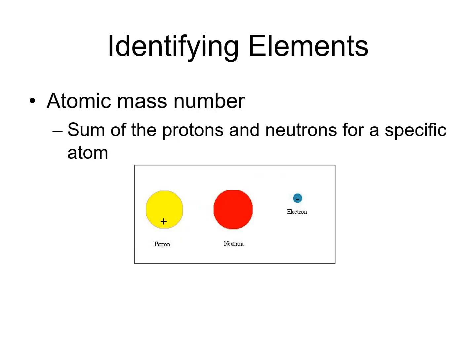I want to take a moment to discuss the atomic mass number, which is basically the weight of an individual atom. The atomic mass number is the sum of the protons and neutrons for a specific atom. And that is because the protons and neutrons are about the same size and weight, and electrons are many, many orders of magnitude smaller than either the neutron or the protons.